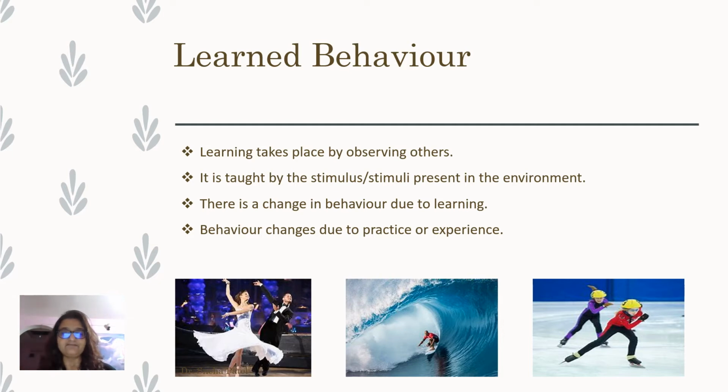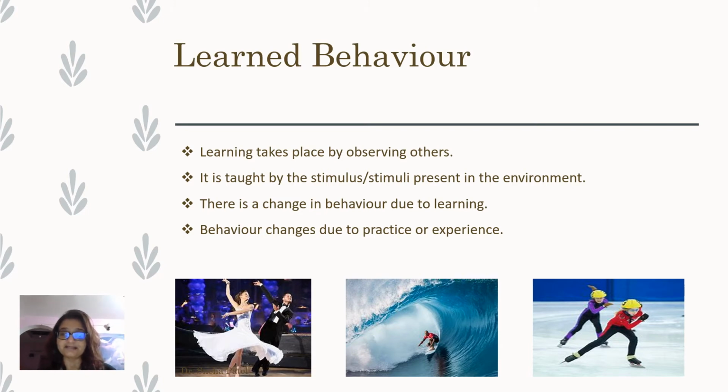As you can see in the very first picture, people are dancing there. Now they have been trained for that, and that is why they can perform like this. In the second picture, a person is surfing on the waves. Now, without any formal training, this person could have died.